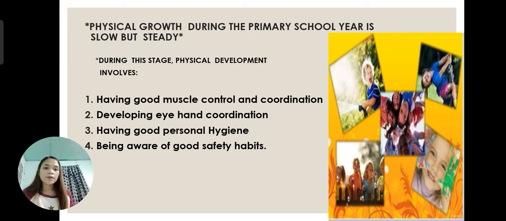So, having good muscle control and coordination. When we say that, it means how the muscles work together, how the muscles function together. Diri na ma-involve si muscles and si balance coordination.